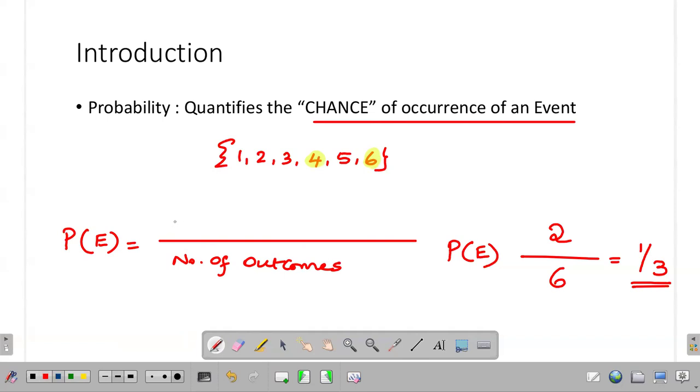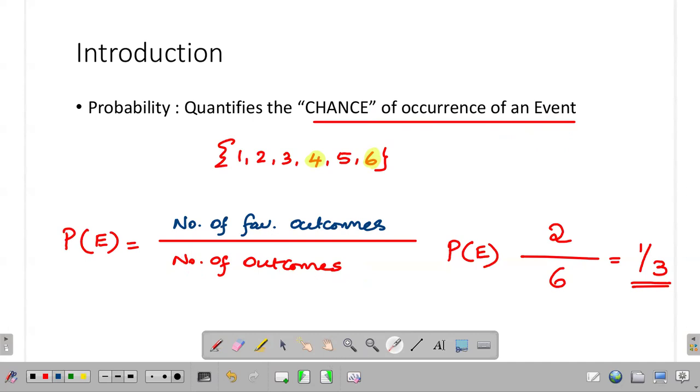And in the numerator, I should consider the number of favorable outcomes. So probability, that is the chance of occurrence of an event, is the number of favorable outcomes divided by the total number of outcomes. So this formula you will be using left, right, center for solving questions based on probability.